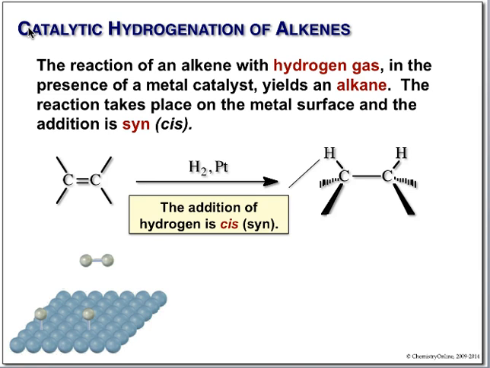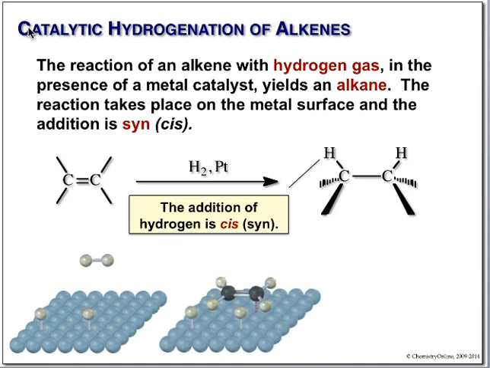Step two, our alkene with its lovely pi system also comes in, sees this happy surface, and sits down on it. These guys slip and slide around the surface until they find each other. And when they do, both hydrogens add to the double bond at the same time.